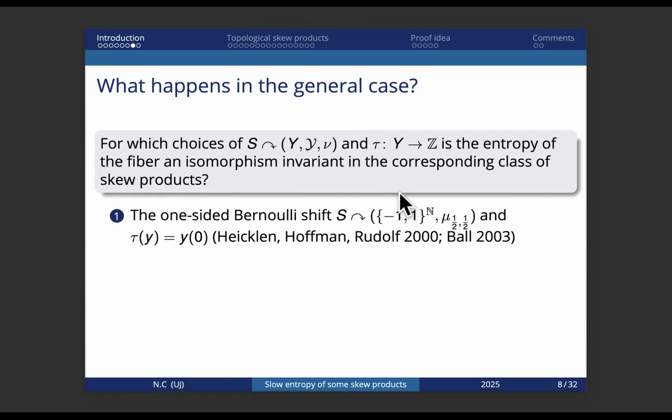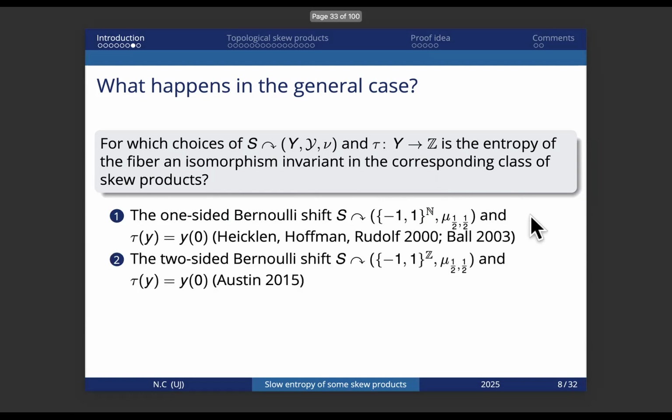This is known to be true for the one-sided Bernoulli shift on symbols -1 and 1 with the uniform measure. So this is like, again, coin flips, but one-sided sequences instead of two-sided sequences. This was proved before. Then we have the same result for the two-sided Bernoulli shift. This is the theorem from before.